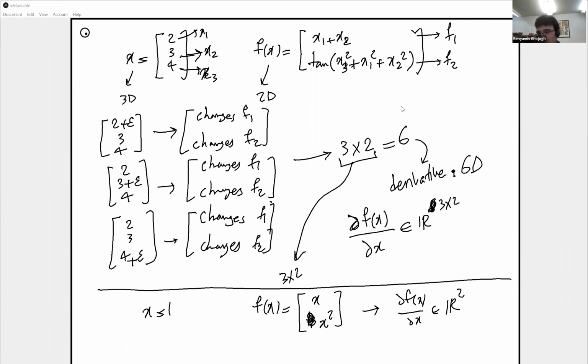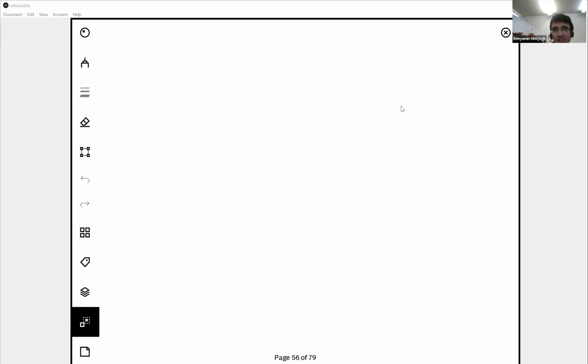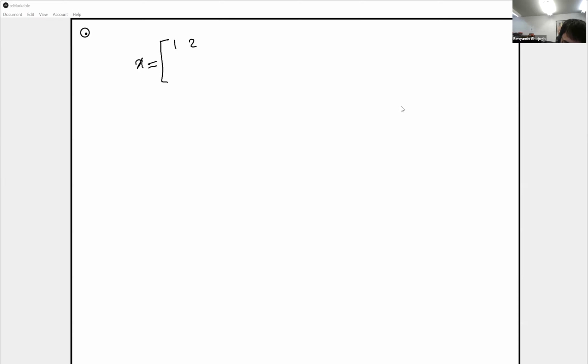Can someone tell me the derivative of a vector with respect to a matrix? What is it? So this is an example. If you understand this, you understand what derivative means. 2, 4, 5, 6, 7.